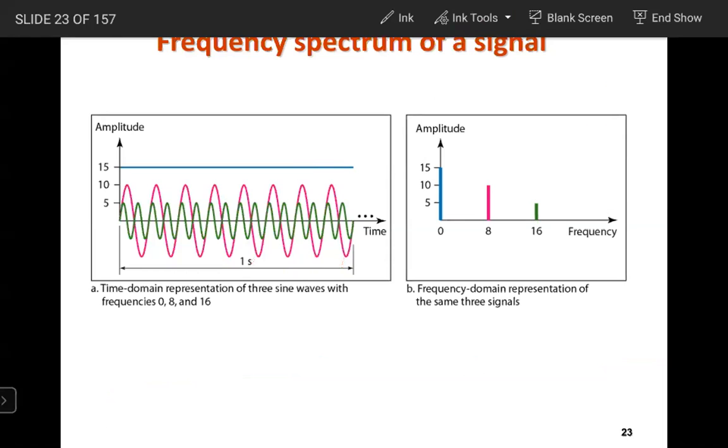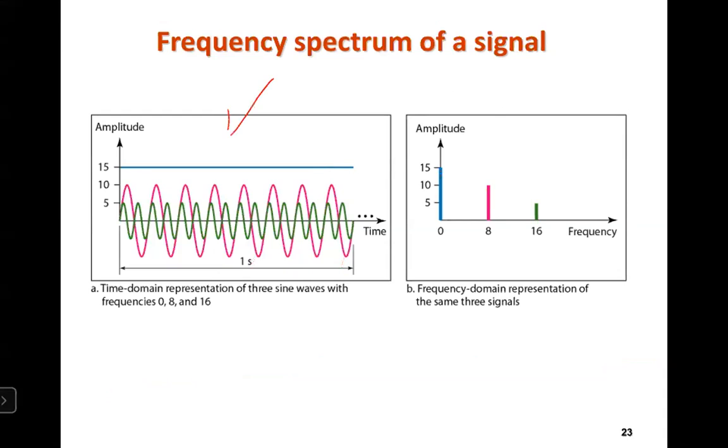Okay, so actually this figure is given for your understanding only. The actual signal will not look like this. Let us say you have 3 sources of signal. This is creating this blue line, and another source of signal which is creating this pink, plus another source of signal which is creating this green.